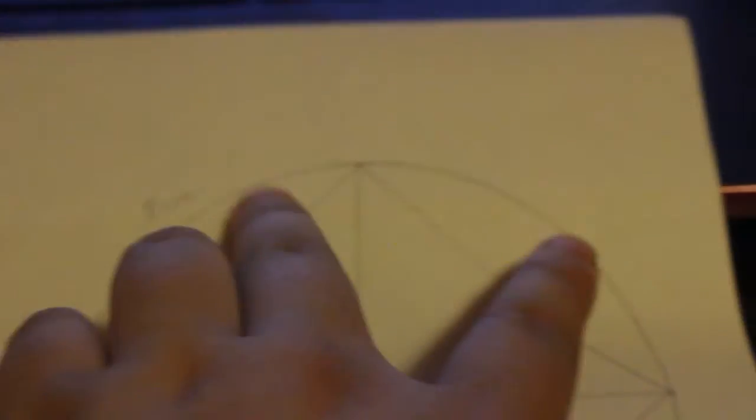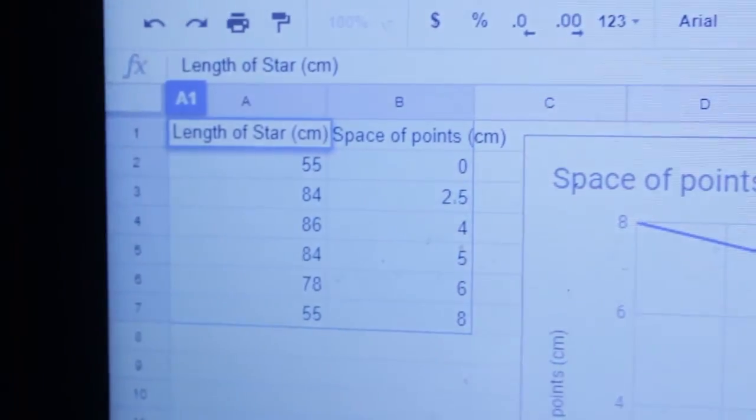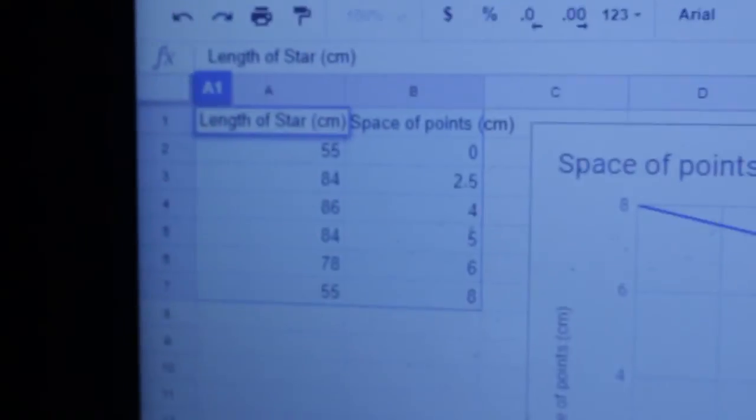For space of points, I started off at 0, because my points have no spaces in between, and the length of my star was 55. Then I moved on to a smaller space, bigger than 0, which is 2.5, and the length is 84.